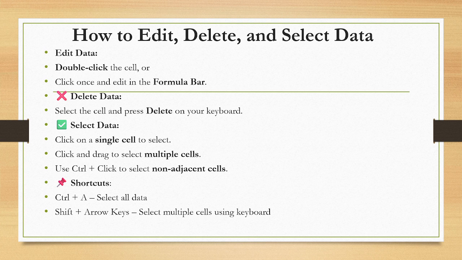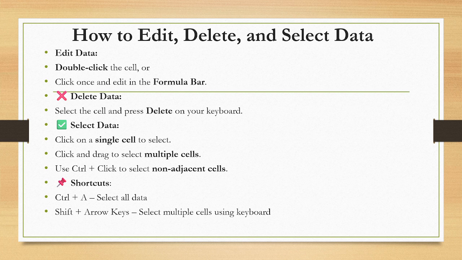How to edit, delete and select data. Edit data: double click the cell or click once and edit in the formula bar. Delete data: select the cell and press Delete on your keyboard. Select data: click on a single cell to select.